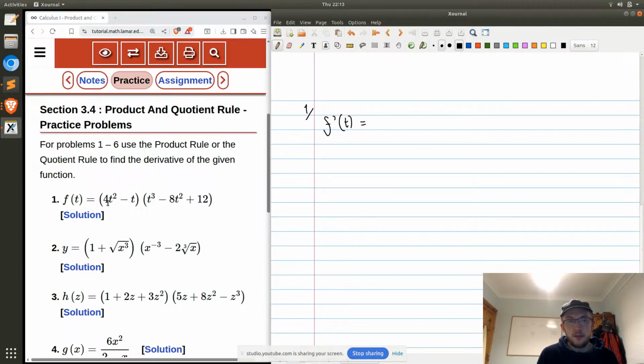Differentiate the first function and leave the second one alone. Plus differentiate the second function and leave the first one alone.